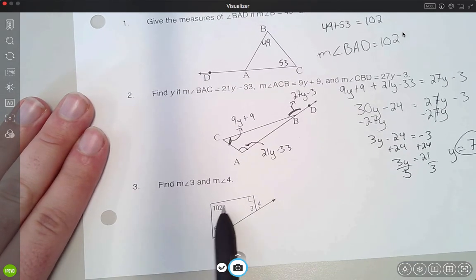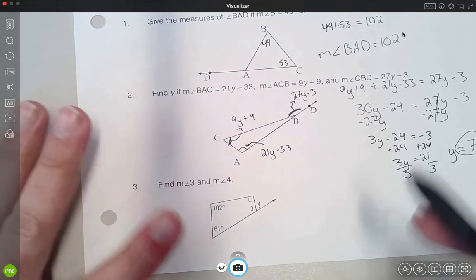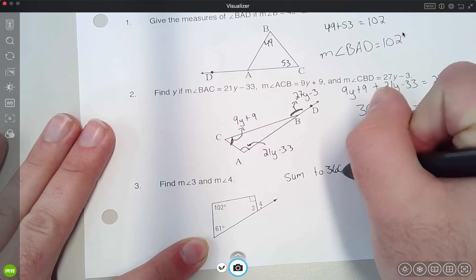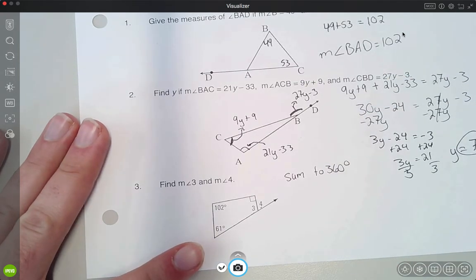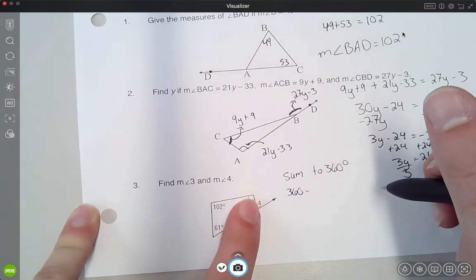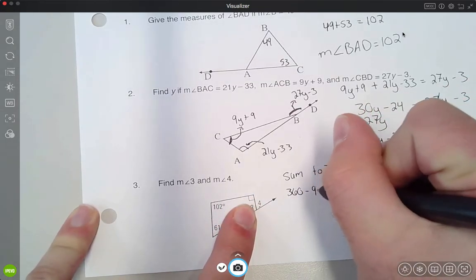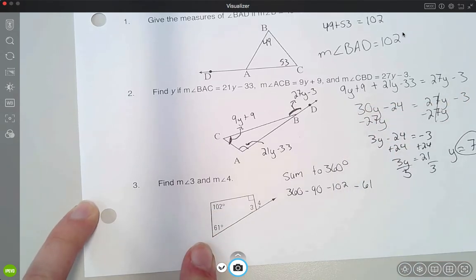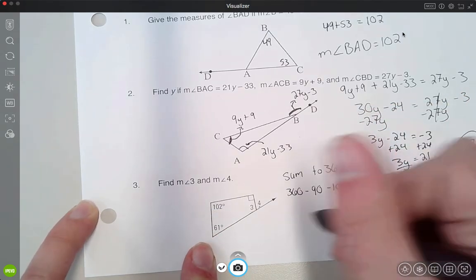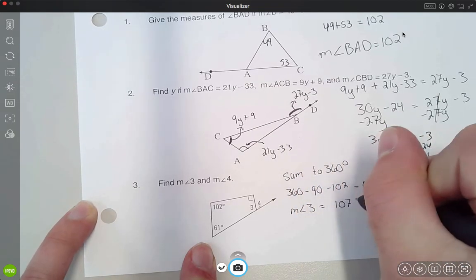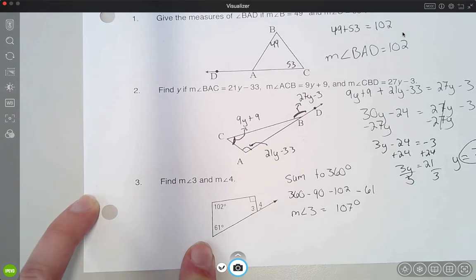But to find angle 3, I have to remember that the angles in a quadrilateral sum to 360 degrees. So I'm going to take 360, and I'm just going to start subtracting these angles away. So I have a 90, that's my right angle, minus 102, minus 61. If I quickly find that on a calculator, I now have that the measure of angle 3 is equal to 107 degrees.